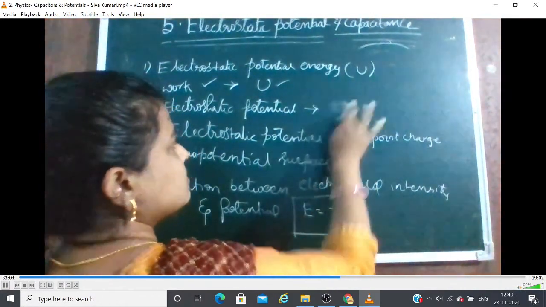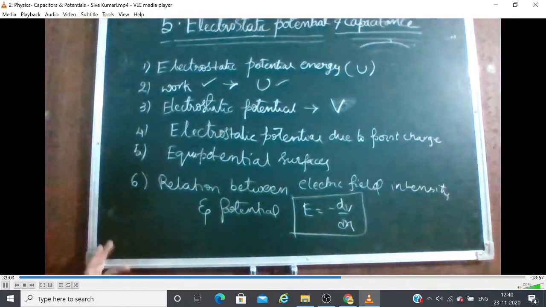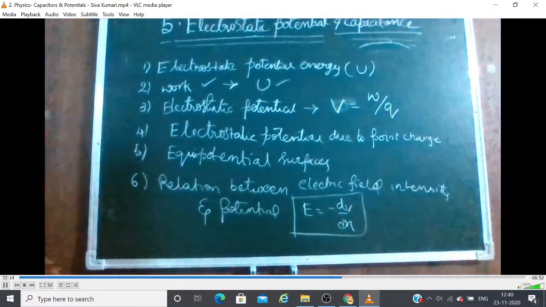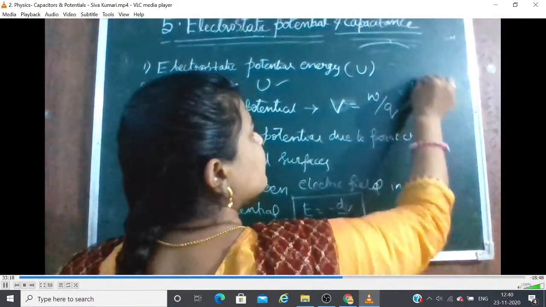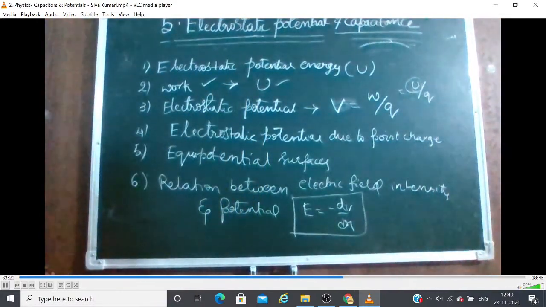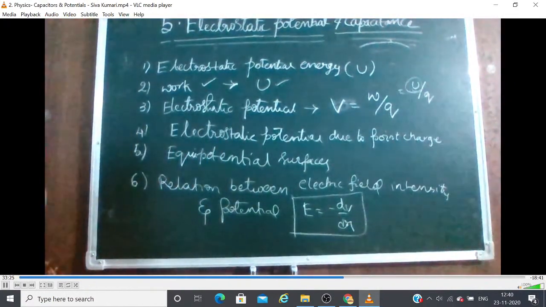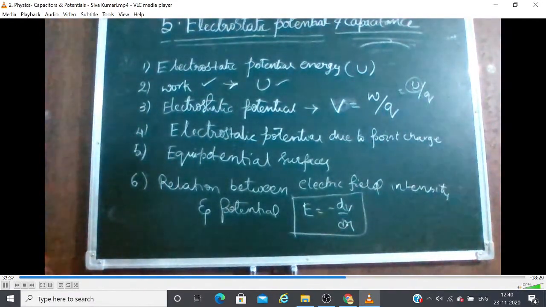So the symbol given for the electrostatic potential is V equals the work done in bringing a unit positive charge, W by Q, or U by Q, which is the potential energy difference from one point to another point, or from infinity to a point. If it is from infinity to a point, at that point we can consider the electrostatic potential at a point.